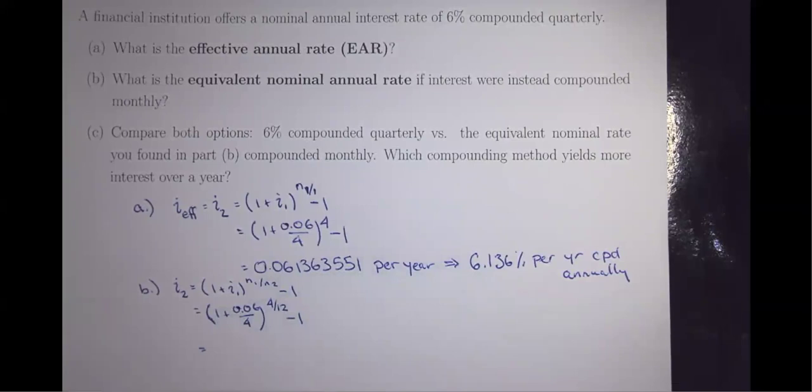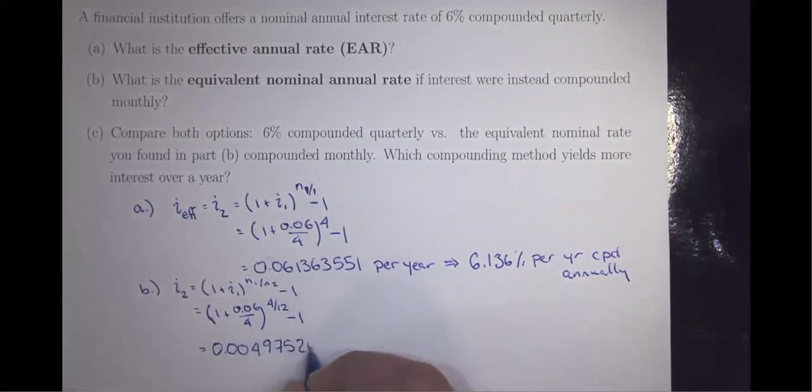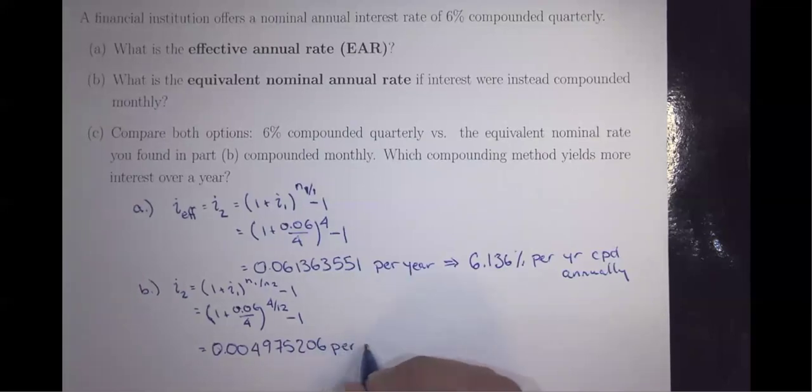So when you plug this one into your calculator, we get 0.004975206. This is per month.